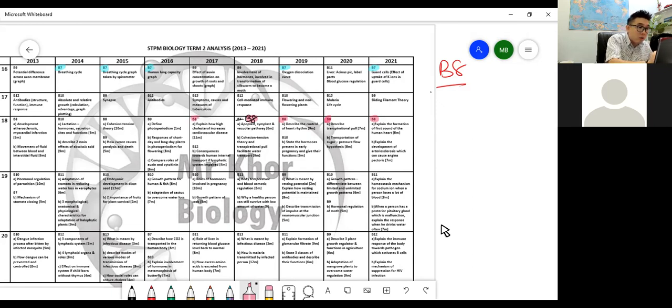High cholesterol, here cohesion-tension theory. Then as for 2014, they didn't ask. Here, arteriosclerosis, myocardial infarction, meaning heart attack. I still regard it as quite an important topic this year.